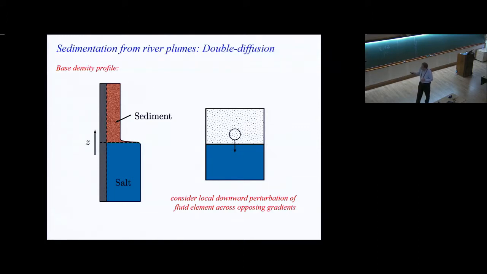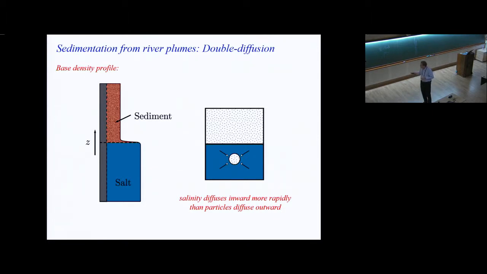So let's look at the little thought example of displacing an element of fresh water and sediment into a saltwater surrounding. Then what we will see is that, because the sediment diffuses so much more slowly than the salt, we have a lot of salt diffusing into this fluid element, but very little sediment diffusing out of this fluid element.